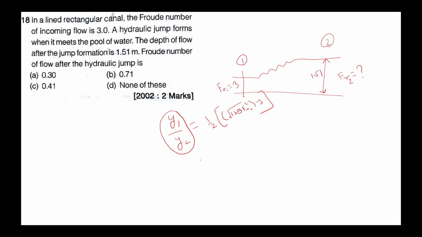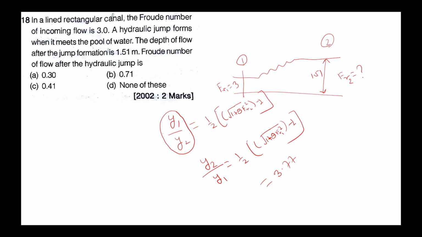So you can also write this formula like that, y2 by y1 equal to 1 by 2 root of 1 plus 8 Fr1 square minus 1. So from here you will calculate y2 by y1 ratio, it is 3.77. So you need to put in this equation.